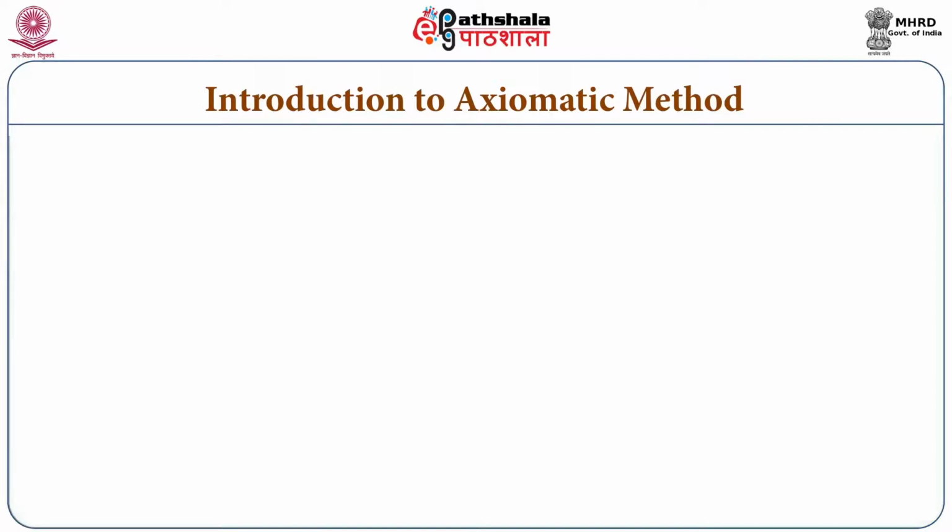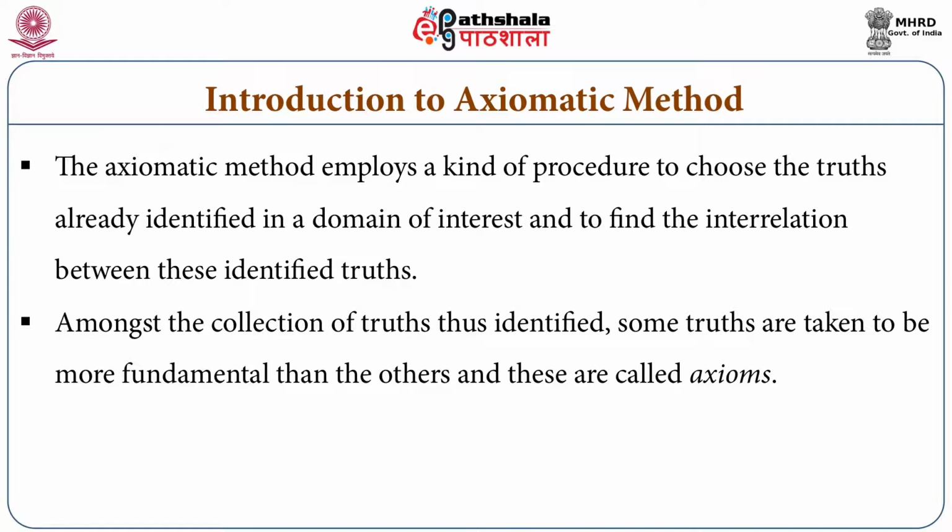We'll begin our lecture by trying to understand what is axiomatic system. Axiomatic method is used in deductive system, and by axiomatic method we mean we have a procedure, a technique by which we can identify all the truths in that domain.